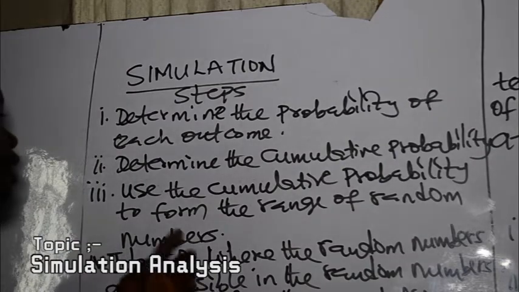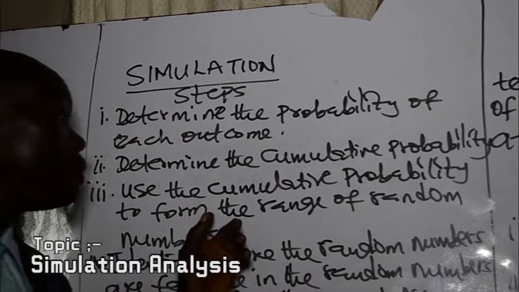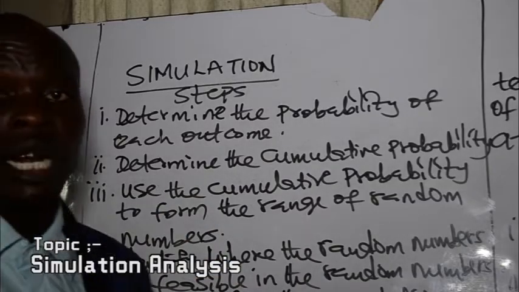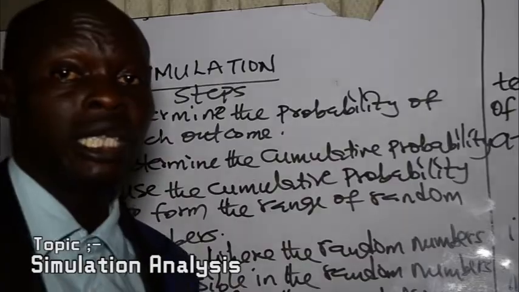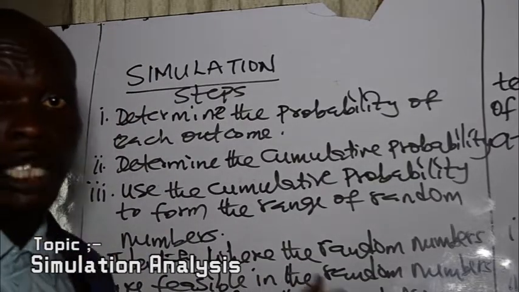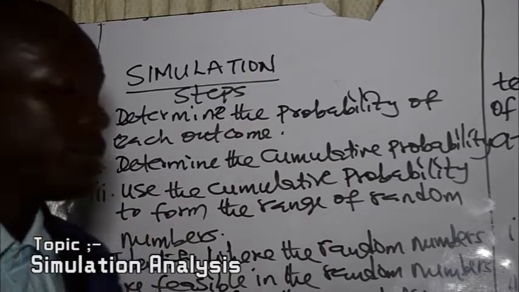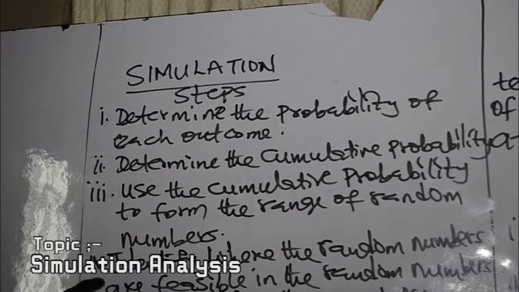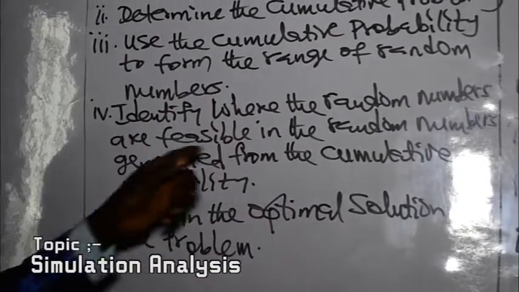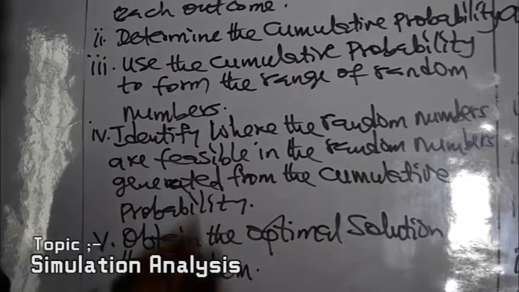Step 3, use the cumulative probability you have calculated to form the range of random numbers. By the time we start the practical work examples, you'll be able to understand that better. Step 4, identify where the random numbers are feasible in the random numbers generated from the cumulative probability.